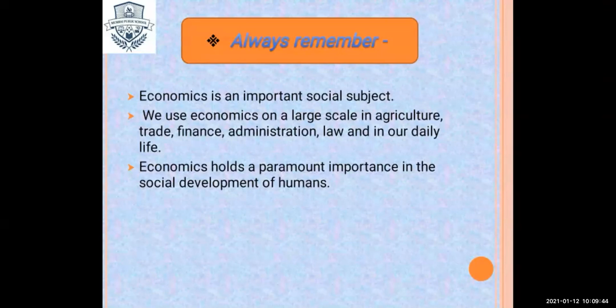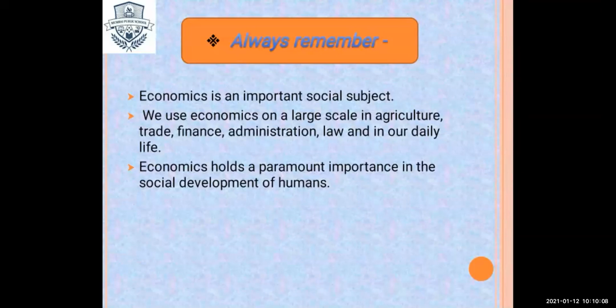So at last, whenever the country is being developed properly, then we all will get the benefits of whatever our government will give. That time we can say the management is properly going on.